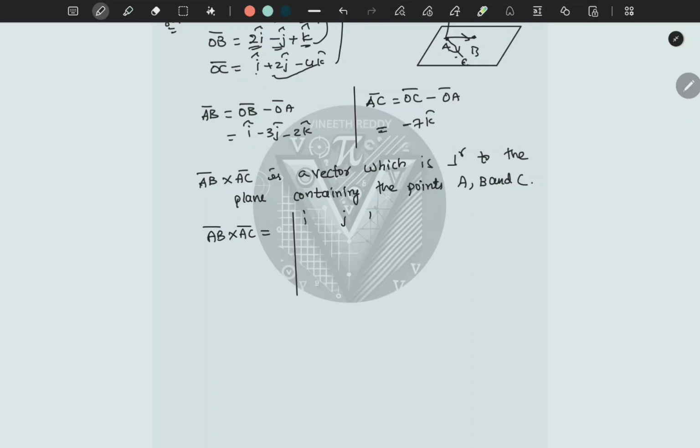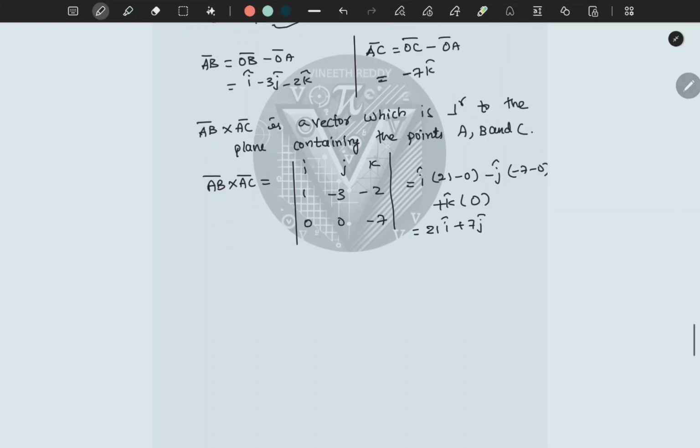Determinant I, J, K. In the second row we'll be writing the coefficients of AB vector, and in the third row we'll be writing the coefficients of AC vector. That will be this. So now I cap into minus 3 into minus 7 is plus 21 minus 0, minus J cap into minus 7 minus 0 plus K cap into 0, right? So ultimately we have 21 I cap plus 7 J cap, right? Now if I take 7 common, we have 3 I cap plus J cap, right?